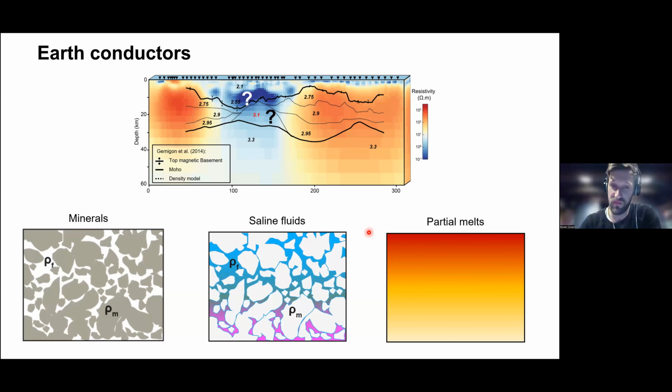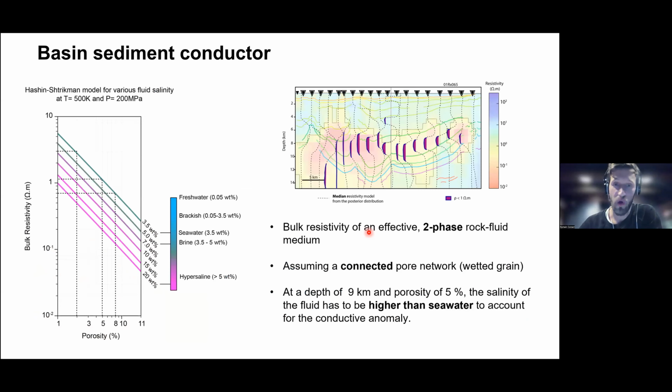Based on this, I will try to get more into the fluid properties that could be contained in these sediments. I think we heard it in the last presentation, in the question. In this case, I'm using the Hashin-Shtrikman model, which uses a two-phase rock-fluid medium. It's an analytical solution and gives you the resistivity of this effective medium.